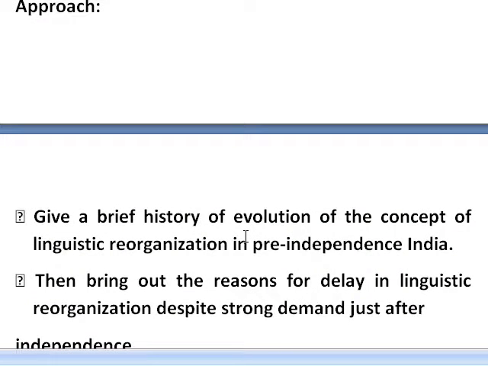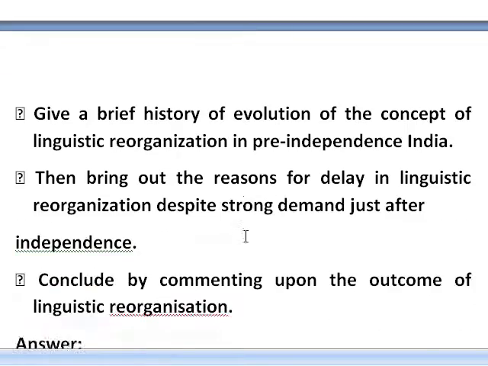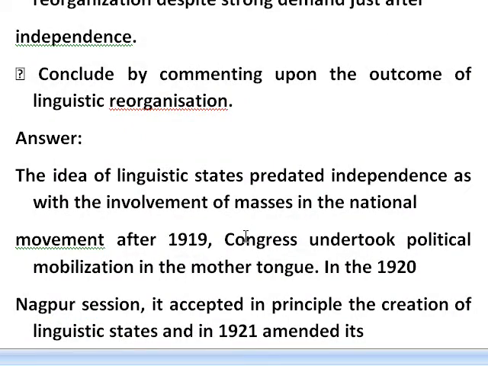Approach: give a brief history of the evolution of the concept of linguistic reorganization in pre-independence India, then bring out the reasons for delay in linguistic reorganization despite strong demand just after independence. Conclude by commenting upon the outcome of linguistic reorganization. The idea of linguistic states predated independence, with the involvement of masses in the national movement after 1919.